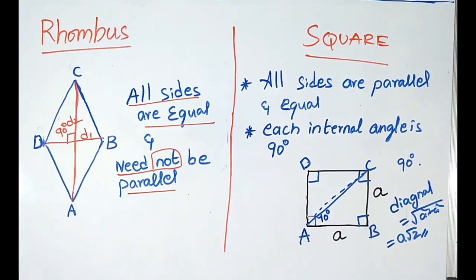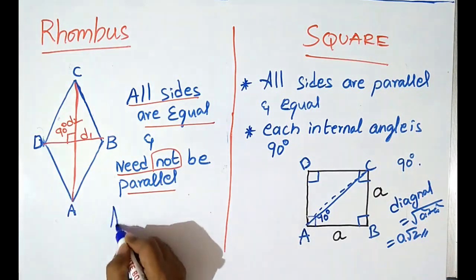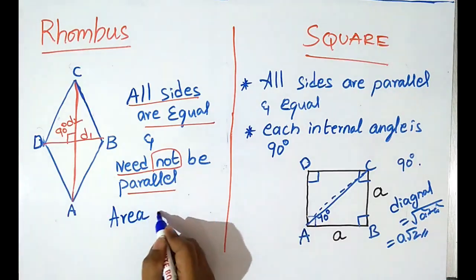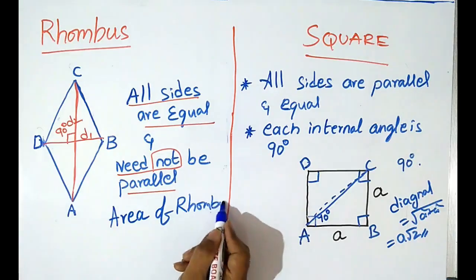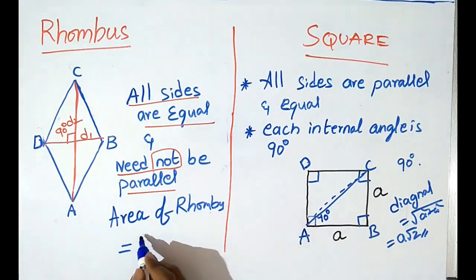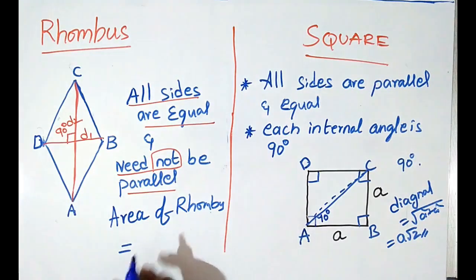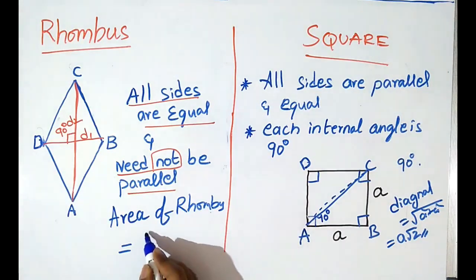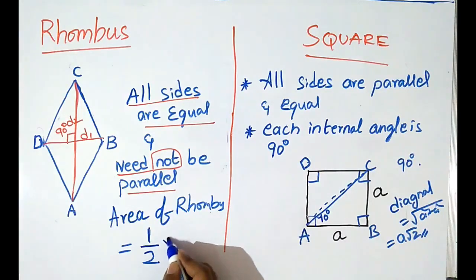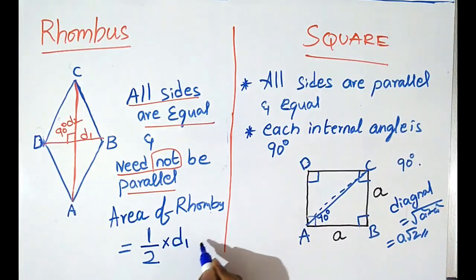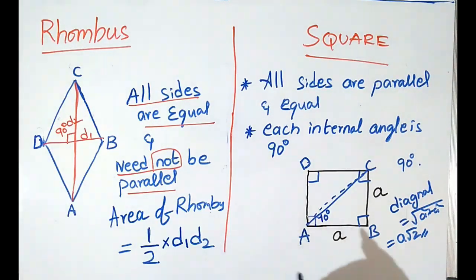These diagonals bisect each other at 90 degrees angle, and area of rhombus is given by, in the same fashion, half B into H, but here instead it is half D1, diagonal 1 multiplied by diagonal 2.